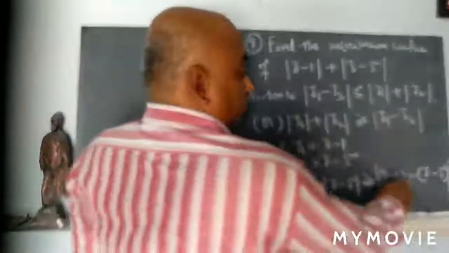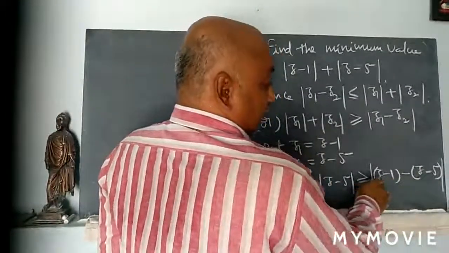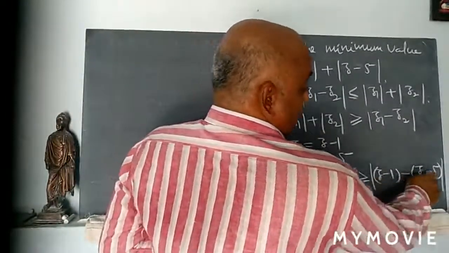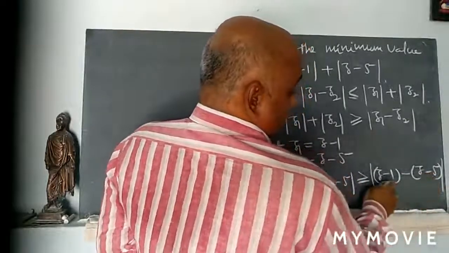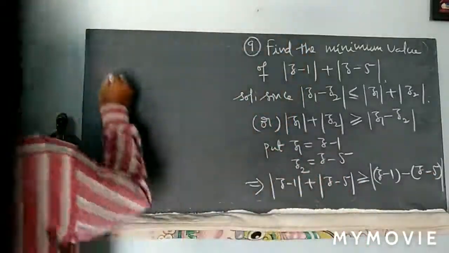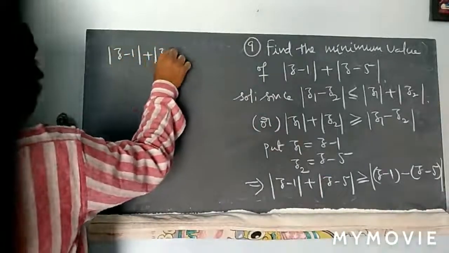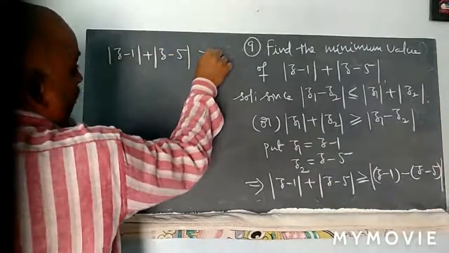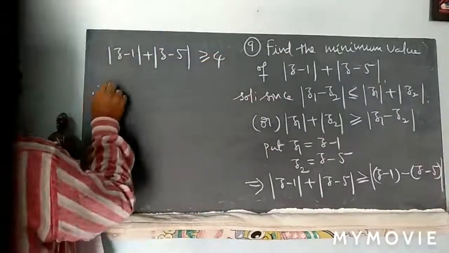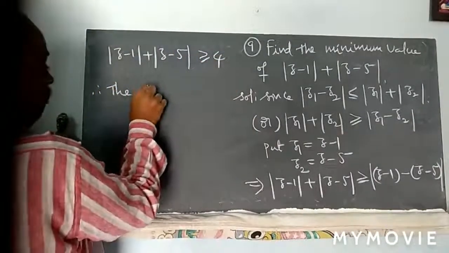So here minus z plus z get cancelled. Minus of minus 5 is plus 5. 5 minus 1 is 4. So |z - 1| + |z - 5| is greater than or equal to 4. Therefore, the minimum value is 4.